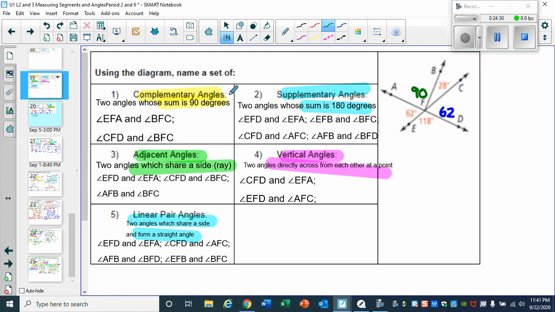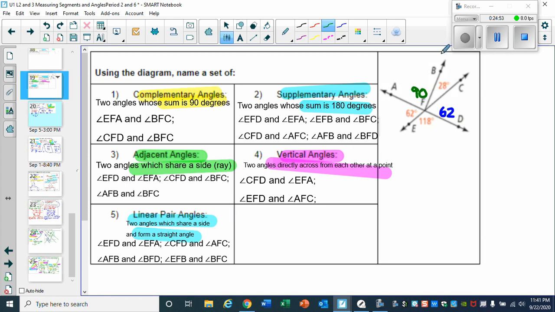And here, again, they tell us what our relationship is. We went over the relationships. Complementary, two angles, sum is 90. Supplementary, two angles, sum is 180. Adjacent, they share a side. Vertical, directly across. That's key.